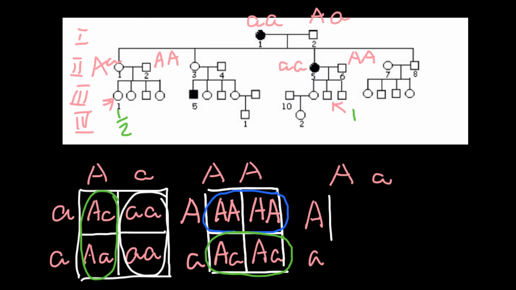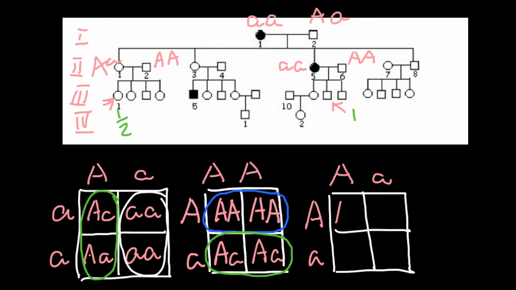Once again we build the Punnett square. Both parents are heterozygous, so capital A, small a here, capital A, small a here.